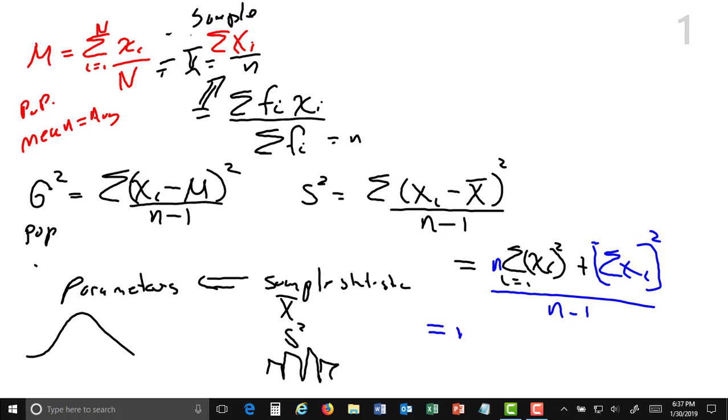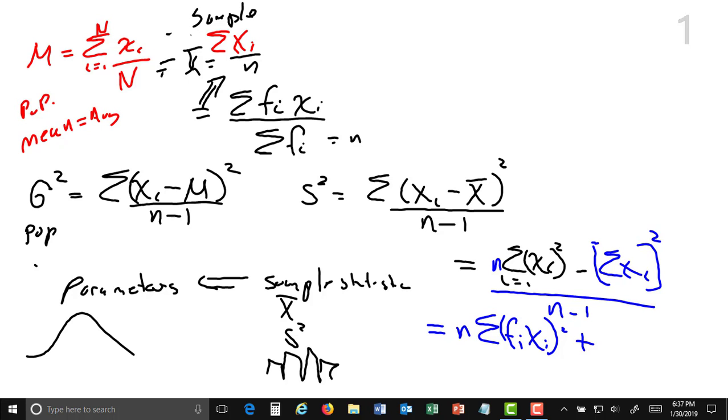I'm going to write this as n times the summation of f sub i, x sub i squared, minus over here. This is my bad, this is subtract.